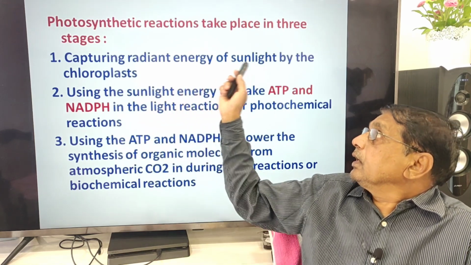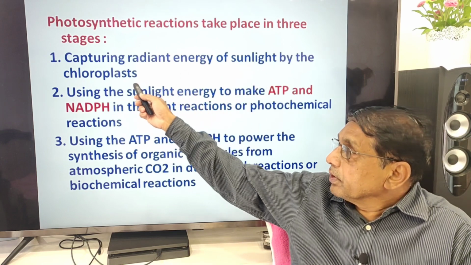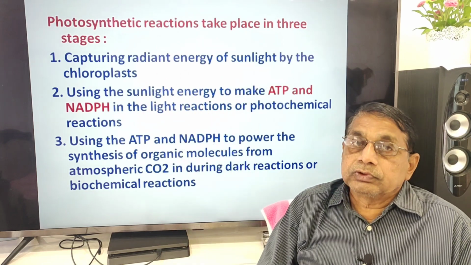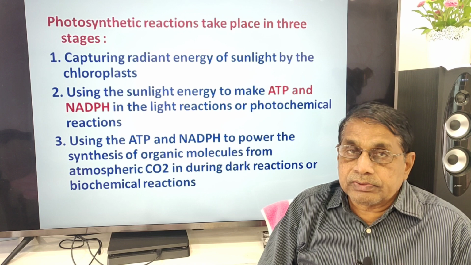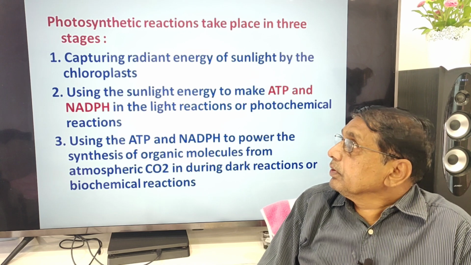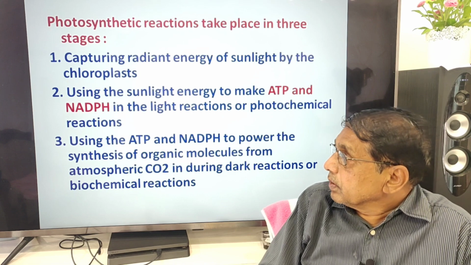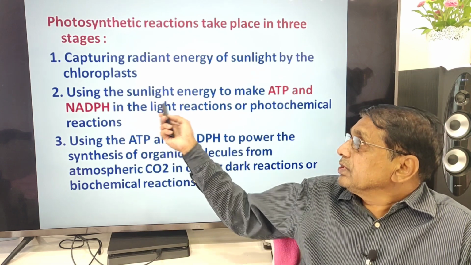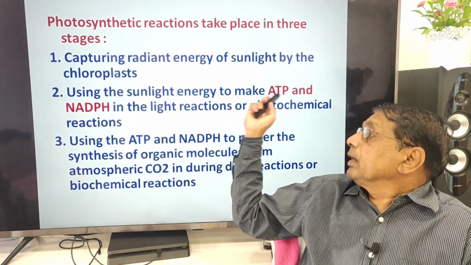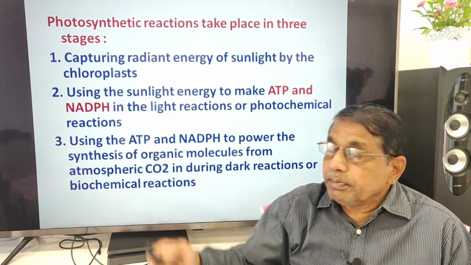The first stage is capturing the radiant energy of sunlight by the chloroplast, and using the sunlight energy to make ATP and NADPH.